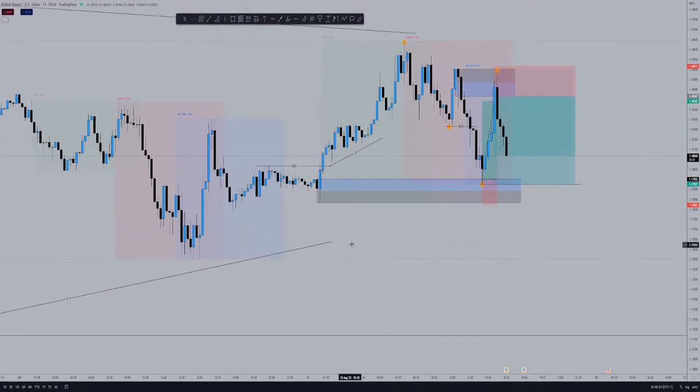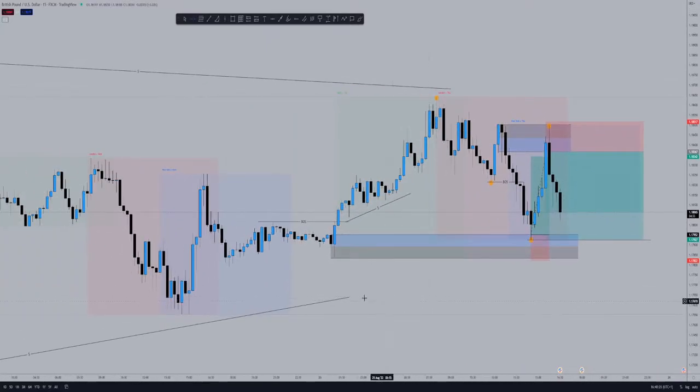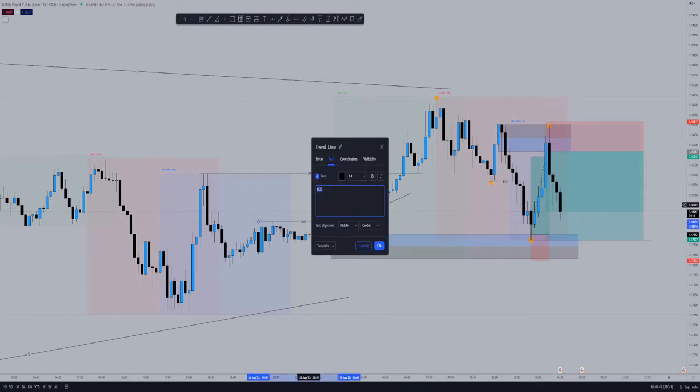Anyway, so we had the breaker structure, continued up. Price did also break this structure, which was the buy side liquidity. So breaker structure, but you could also see this technically.